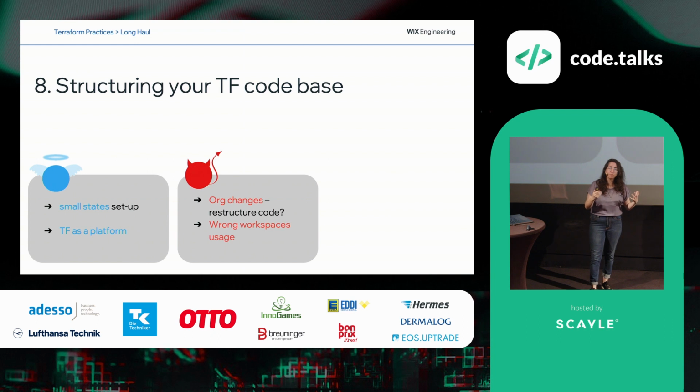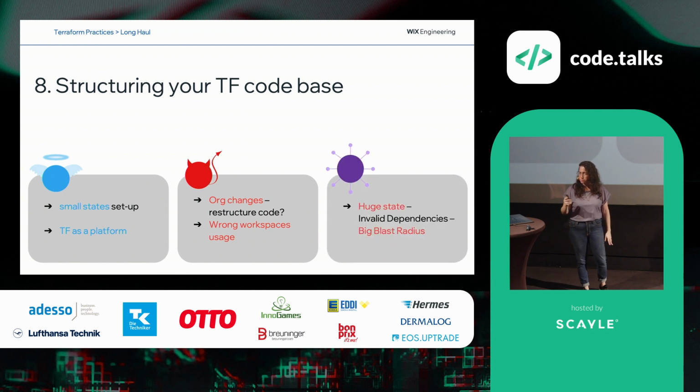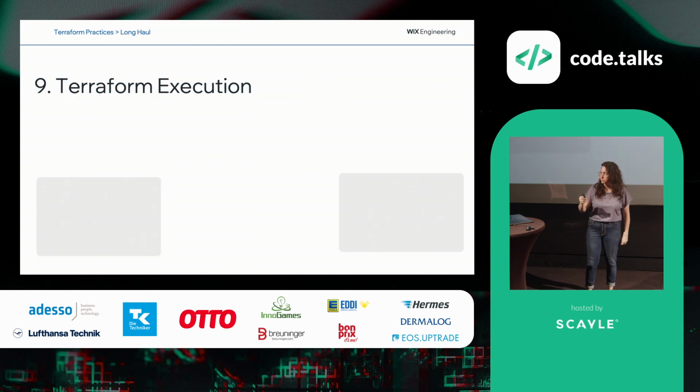You want to structure the code when you have control over things and not when you get sprung by surprise. And of course, a bad thing also is to use Workspaces for the wrong reasons, as I just showed you. And the ugly, it could be really ugly if you don't plan ahead and you set up the structure of the codebase to allow huge state files. Huge state files just mean invalid dependencies, and it's not good.